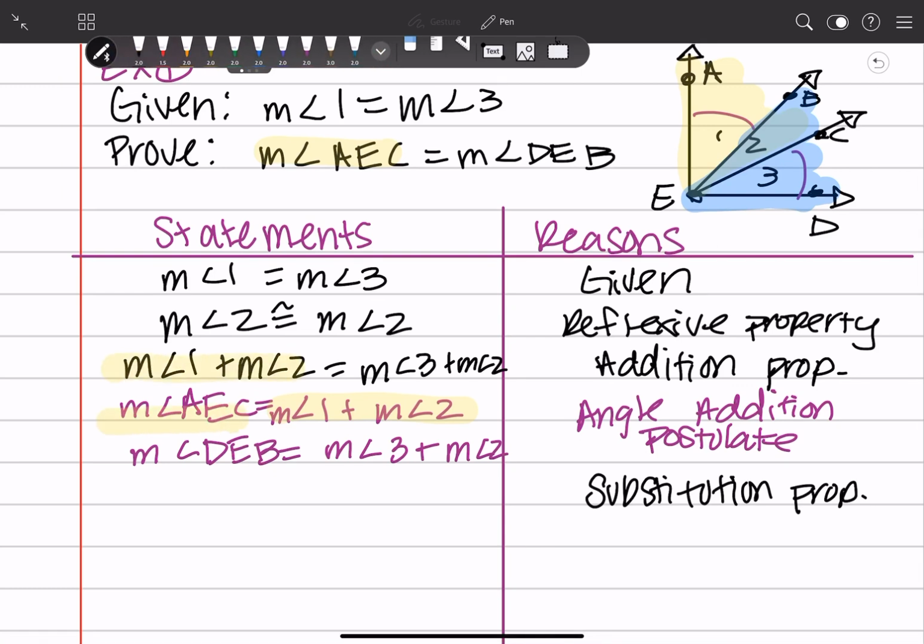So we can replace the measure of angle 1 plus the measure of angle 2 with AEC. And we can do the same thing here with the measure of angle 3 and the measure of angle 2 with angle DEB.